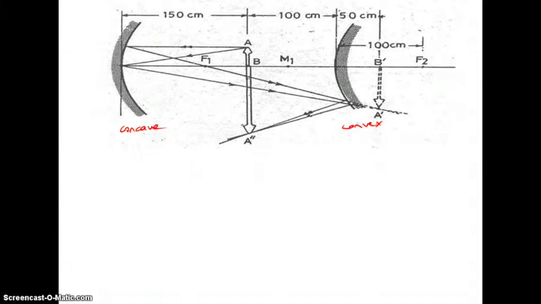Before starting to solve the question, I want to point out that there are actually infinitely many images when an object is placed between two mirrors, just like here, because the image formed by the first mirror, A prime in this case, acts as the object for the second mirror, and the image formed by the second mirror acts as the object for the first mirror again and again, and this goes on like this. And therefore, there are many images formed by two mirrors in such a case.